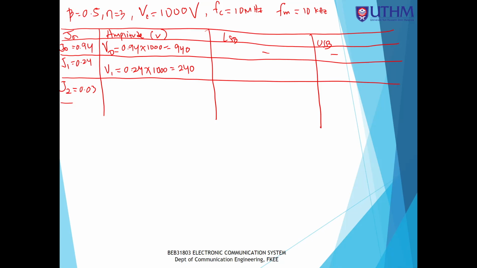FLSB is 10 mega minus 10k, so FLSB is equal to FC minus FM.